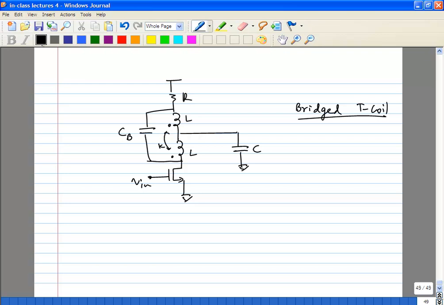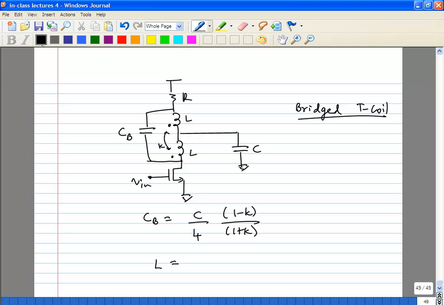Now you can find a condition on K, because the coupling factor is another parameter. What you will find is you can show that CB is C by 4 times 1 minus K over 1 plus K, where K is your coupling factor.